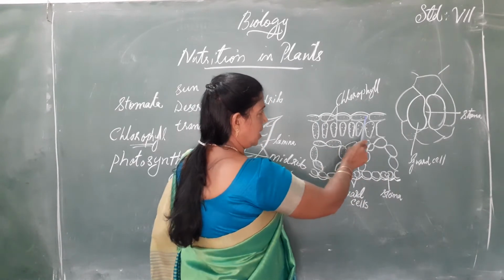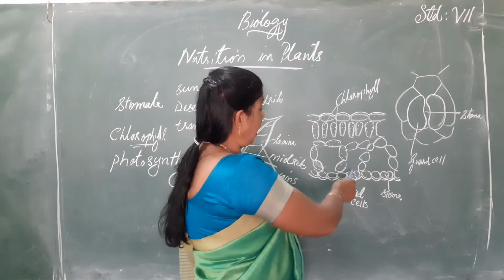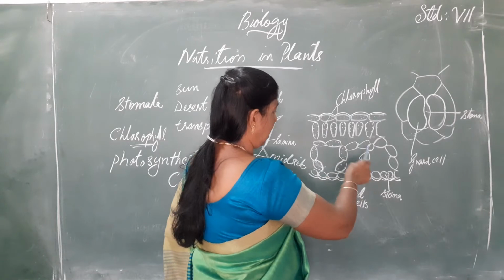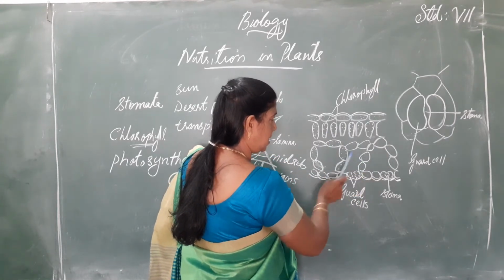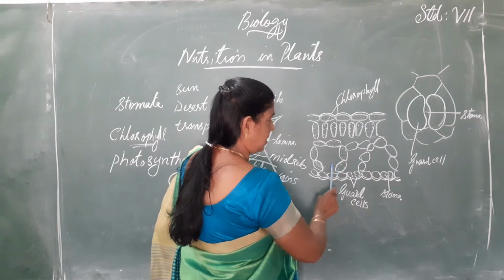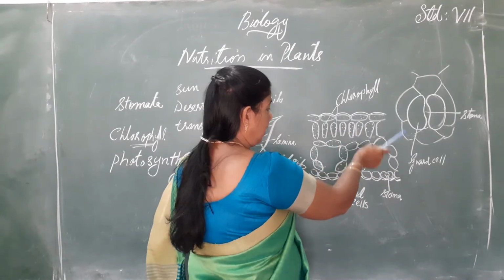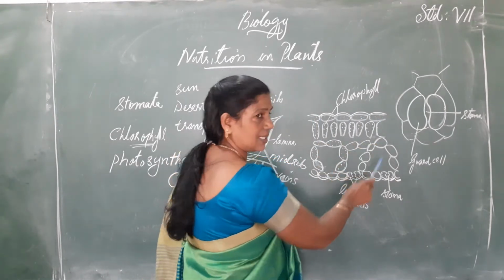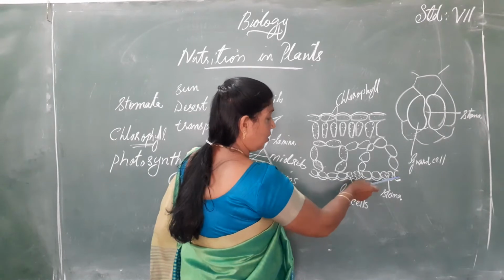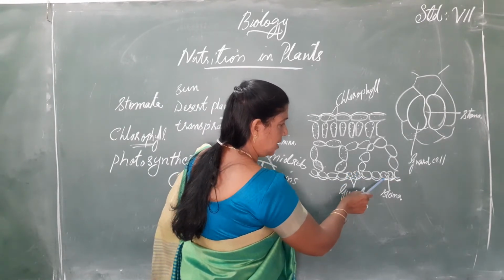It is made up of many cells, arranged in such a way that inside the leaf there are air spaces. The upper and lower sides of the leaf are made up of specialized cells, and in the lower side you will see some bean-shaped cells.